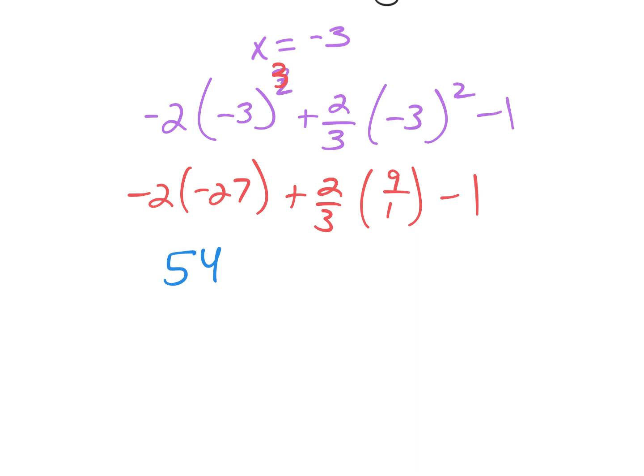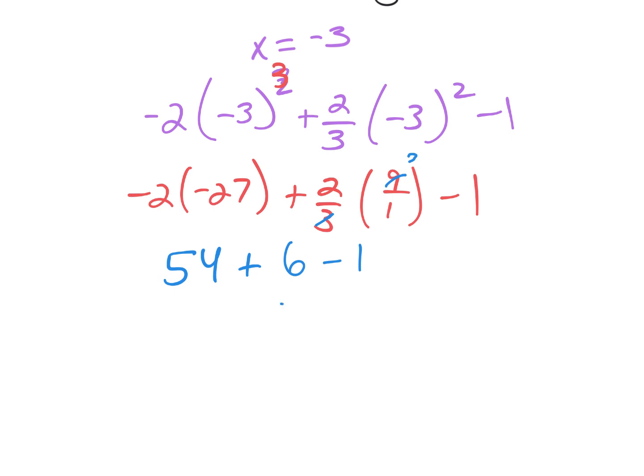And then look what happens here. Can I cancel anything with the 3 and the 9? Yes, if you didn't see that, that's okay. You could just multiply across. 2 times 9 is 18, right? Over 3, which gives you, what's 18 over 3? 6, good. Or you could have canceled it here like that. And then I have minus 1. What's left to right, guys? 54 plus 6 is 60.